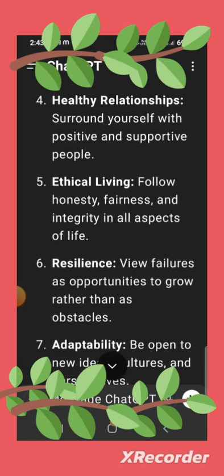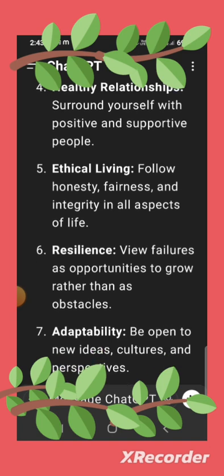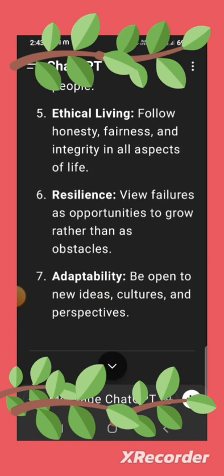Healthy relationships: surround yourself with positive and supportive people. Ethical living: follow honesty, fairness, and integrity in all aspects of life.